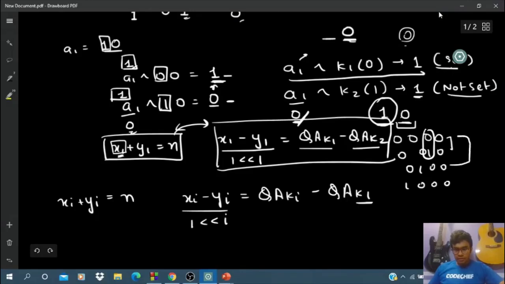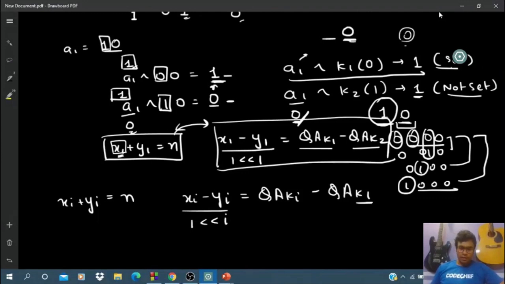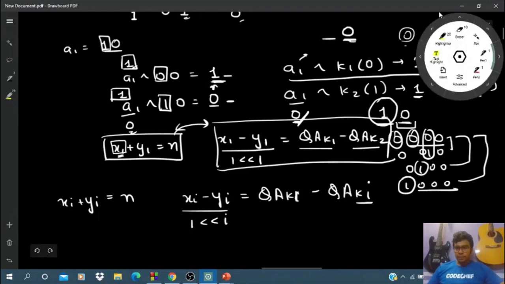If we consider these two cases, only this bit is different, all of the other bits are the same. If we consider this case, only these bits are different, all of the bits are the same, 0 0 0 and 0 0 0. So we always have to subtract QA k1 minus QA ki. I've written this wrong. So QA k1 minus QA ki will give us xi minus yi divided by 1 left bit shift operator i.